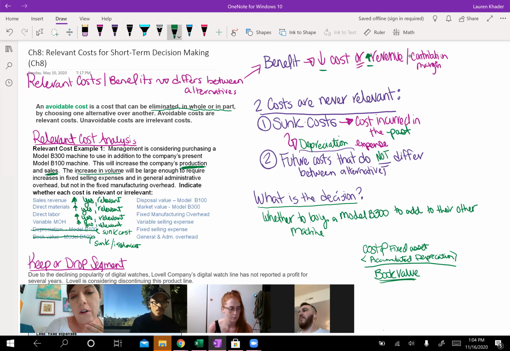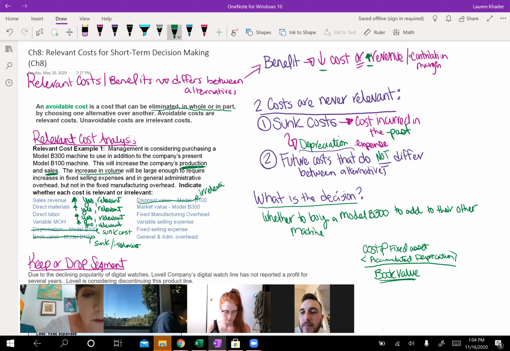Disposal value of model B100. So cash proceeds from selling the B100. Irrelevant. We're not selling it. If we were selling the model B100, then this would be relevant. But this decision is not looking at the sale.